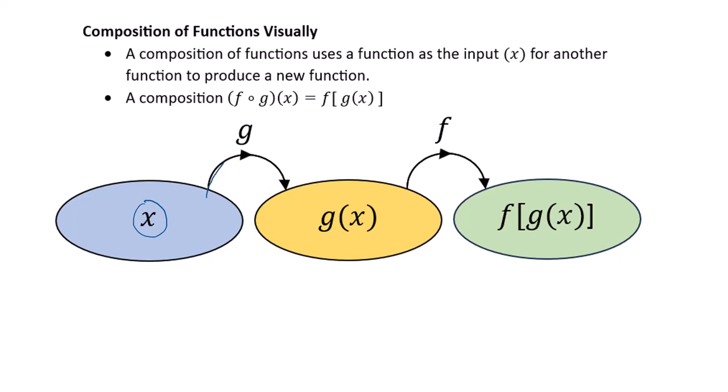It is put into the g function, and out comes g of x. Well, g of x is then put into the f function, and out comes f of g of x, or f composed of g of x.